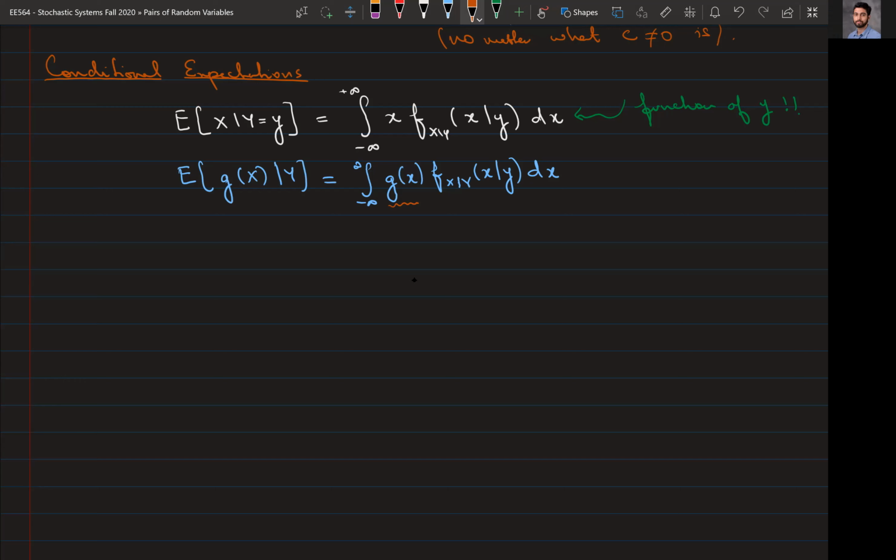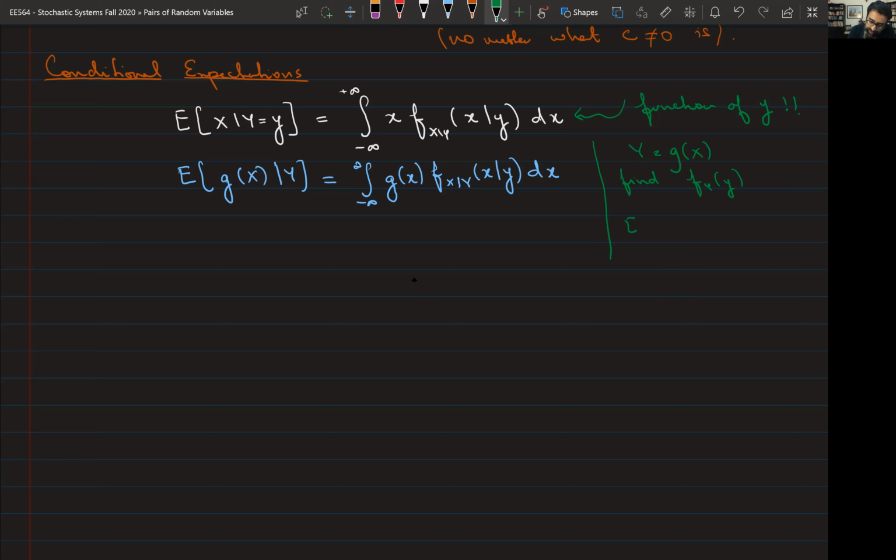Right, sir. And you would get the same results, by the way. If you multiply with the PDF of g of x, then you would have to integrate over g of x as well. So this is a side note, something for all of you to try to prove. If I say y equals g of x, and I apply the transformations and find f_Y of y, and I compute the expected value of y through two ways.